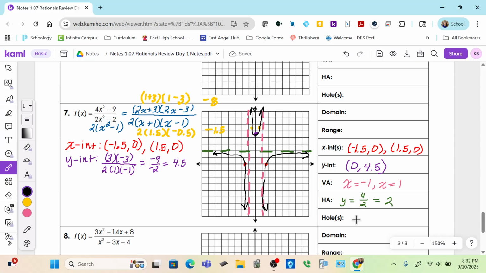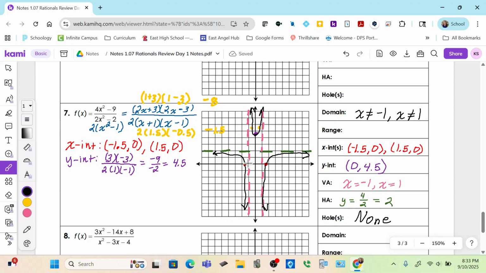I'm not talking about holes at all in this video, and I purposely chose one of the examples that doesn't have holes. As far as domain is going to be all of those X values that we can use. Well, we have vertical asymptotes, so we have X values we cannot use. So our domain is going to be that X cannot equal -1, X cannot equal 1.